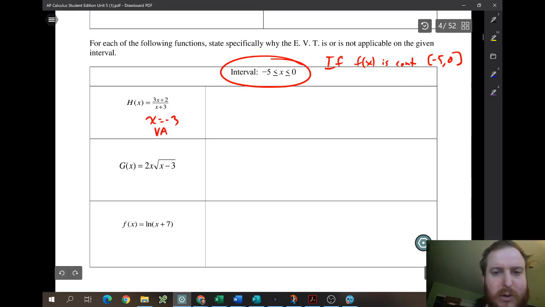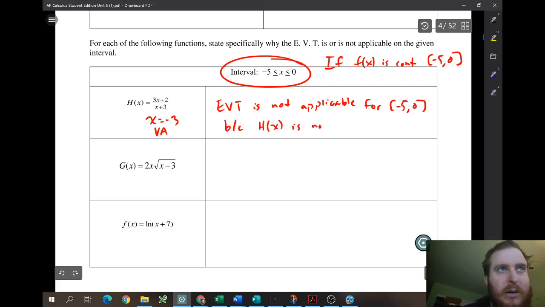That's where it's discontinuous. So here, extreme value theorem is not applicable for -5 to 0 because h of x is not continuous at x equals -3.